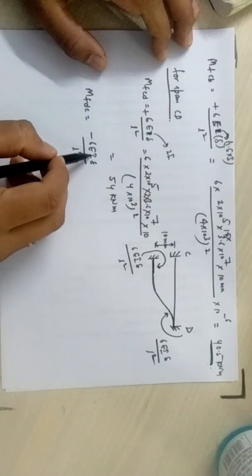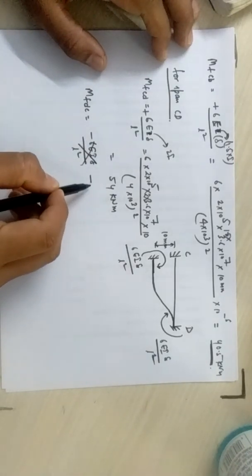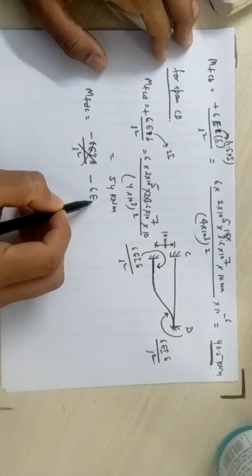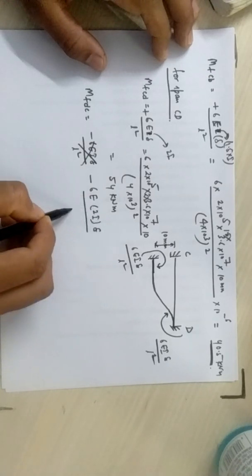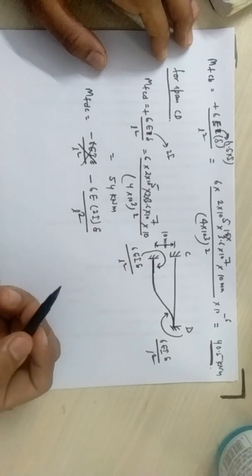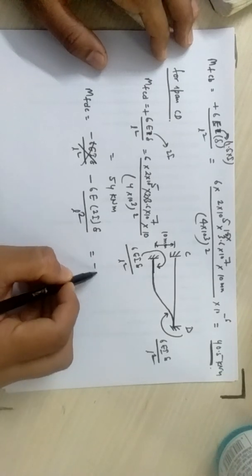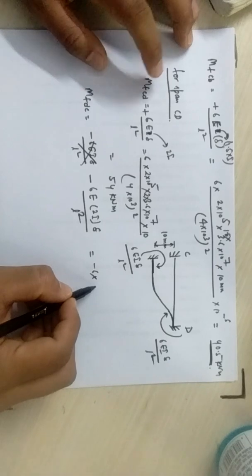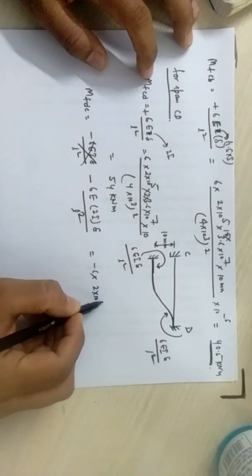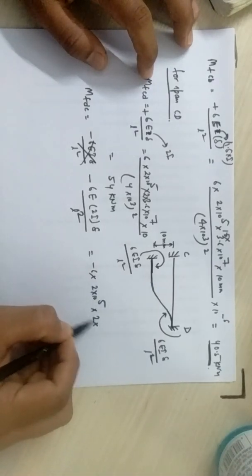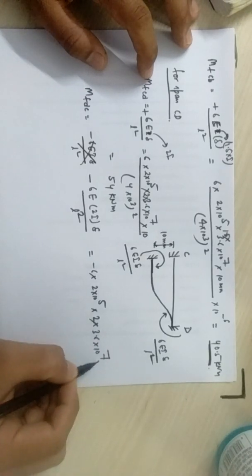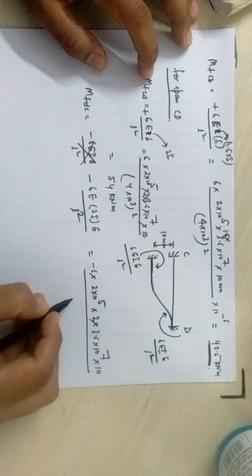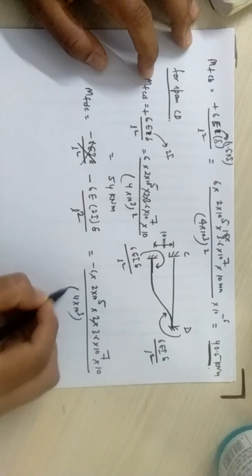Similarly here also I should write minus 6E into 2I delta upon L square. So minus 6 into E is 2 into 10 to the power 5, 2 into I is 3.6 into 10 to the power 7, into delta is 10 millimeter upon 4 into 10 to the power 3 whole square.